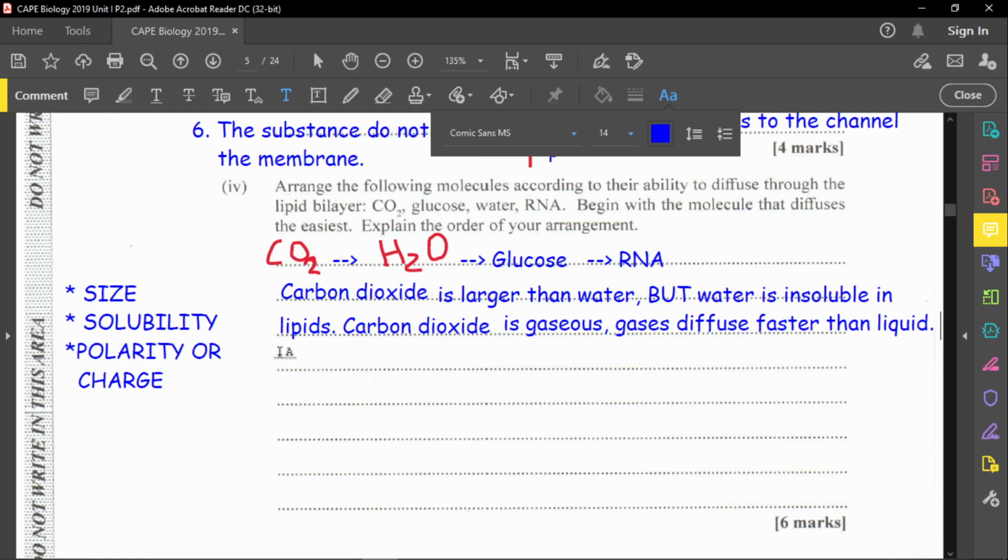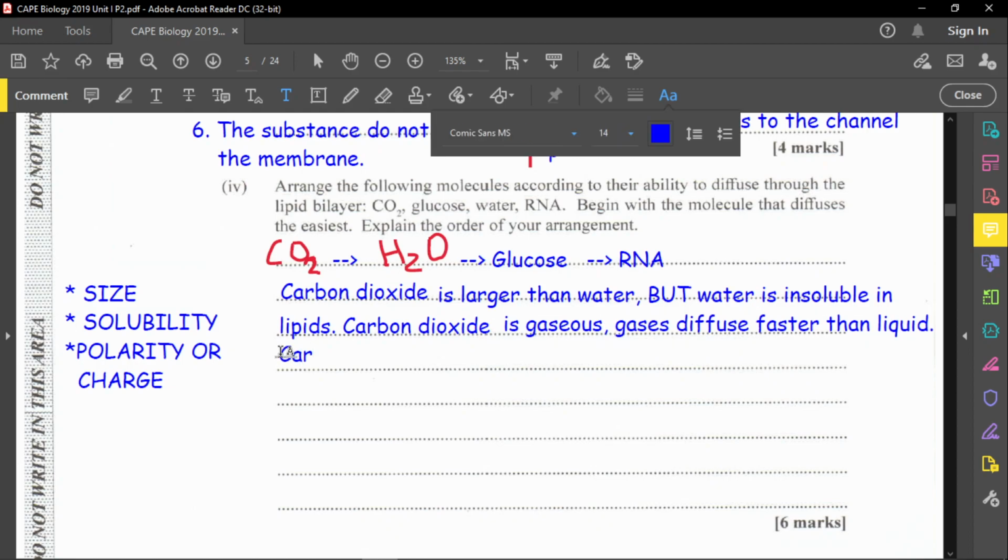All right, and there's another reason, because carbon dioxide is non-polar. You can actually write that in as well. Carbon dioxide is non-polar. Water is polar. You see? And so for that reason, we know for sure that water will be less compared to carbon dioxide. So just make a note right here, again just to give you some more information.